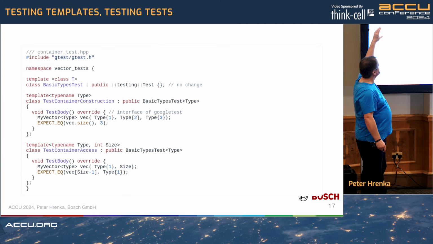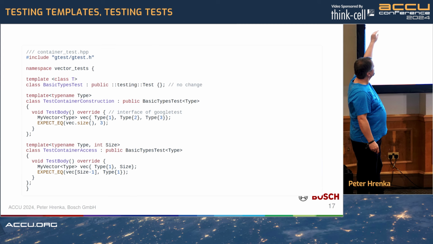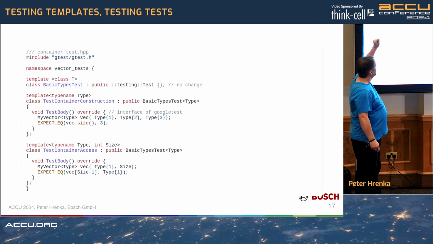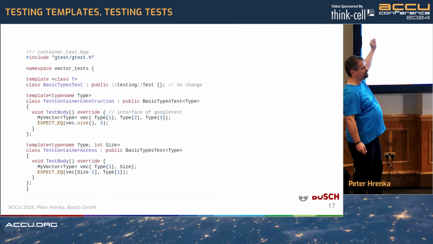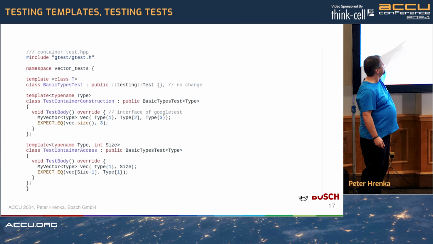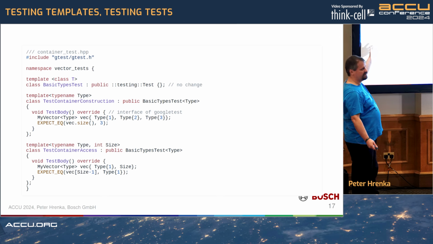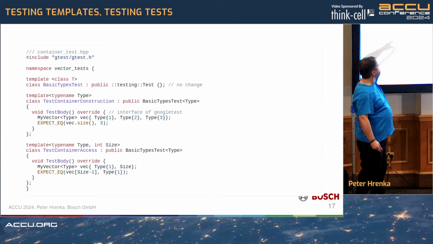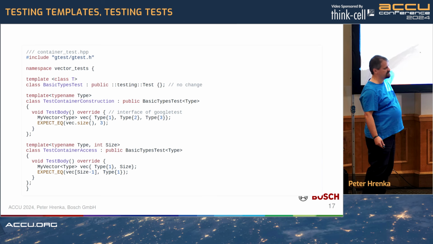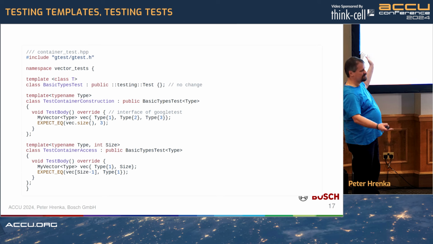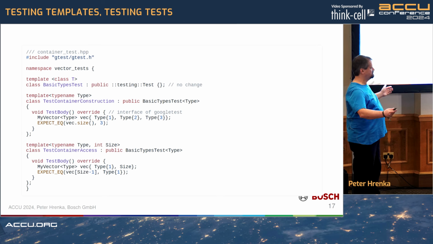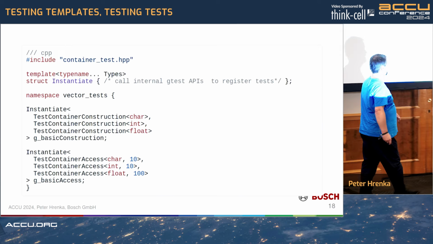So it's actually all a class. You have to implement this test body, and then you have basically the same code as before. So it's a bit more wordy, but we have much more control here. So here we see, okay, I can give 2 parameters, and nobody stops me from that. And I used here the type names, the names of the parameters. I can choose them. I can use whatever I want. And it's not so much more to write, okay?